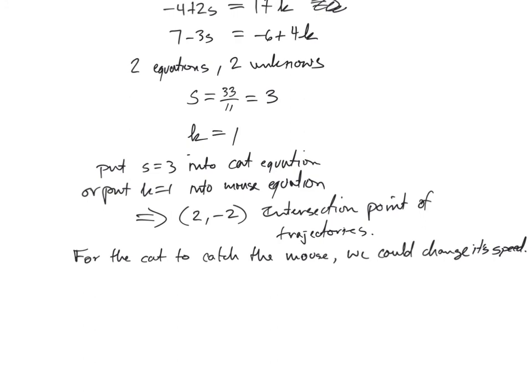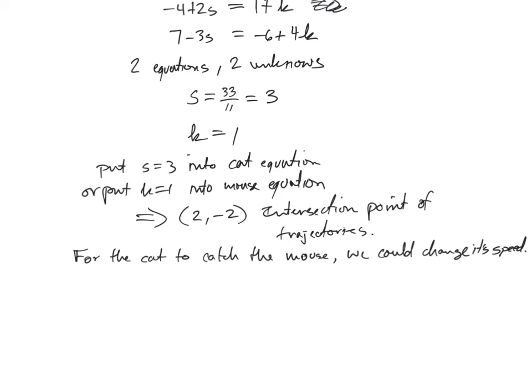Pardon me, of the cat. Well, we could change the speed of the mouse too, but the cat's trying to catch the mouse, so maybe the cat changes its speed. Doesn't change its trajectory. Crossing point is still the same. The intersection point's the same. Their trajectories are the same, but maybe the cat, if it got to the intersection point after the mouse, well, maybe the cat has to speed up. Or if it got there before the mouse, maybe the cat has to slow down, right? So we're going to change the speed of the cat.